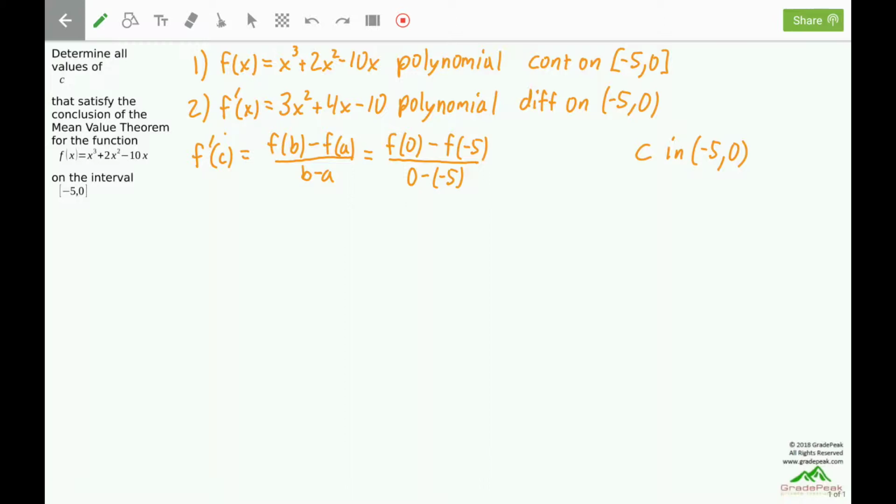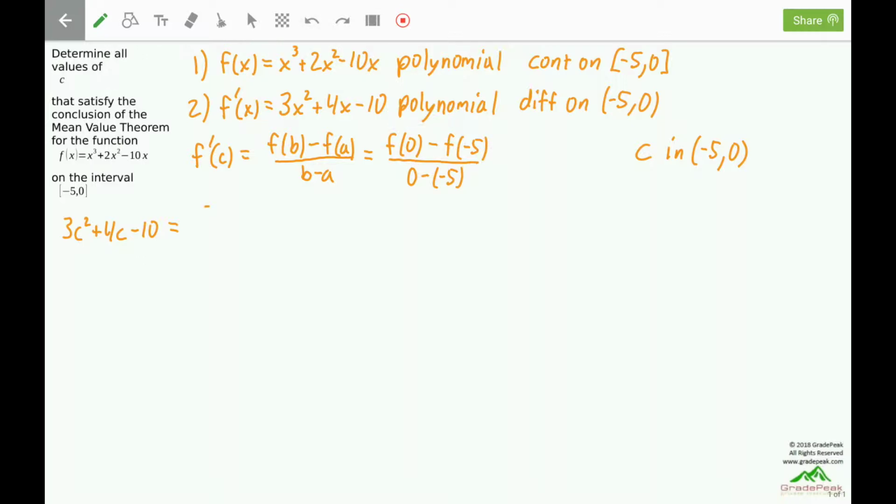The left side, f prime of c, can be evaluated by plugging c into f prime of x. That will give 3c squared plus 4c minus 10. And this will equal, on the right side, f of 0 minus f of -5, which can be evaluated by plugging those into f of x.